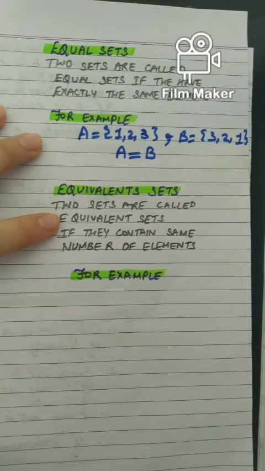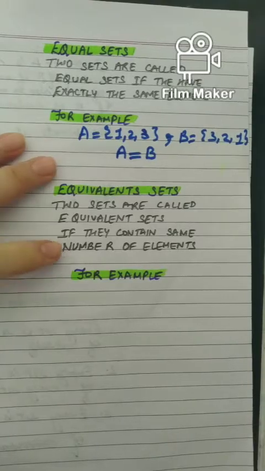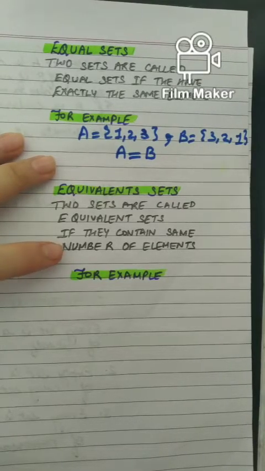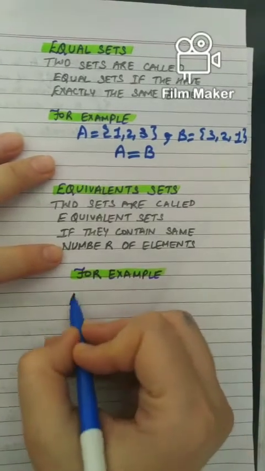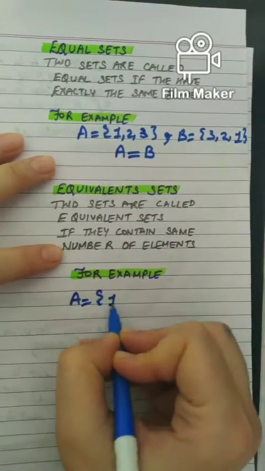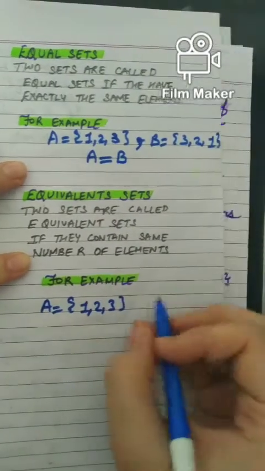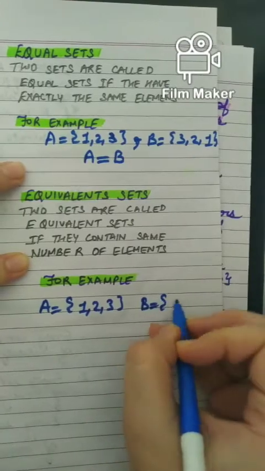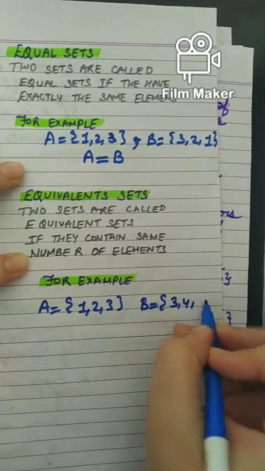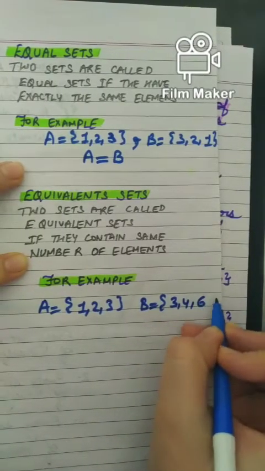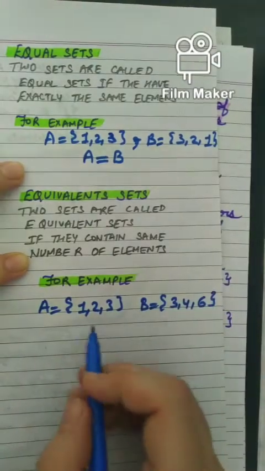Two sets are called equivalent sets if they contain the same number of elements. Same number of elements means they have the same cardinality. For example, A is equal to {1, 2, 3} and I have a set B that is equal to {3, 4, 6}. Beta, in this we have 3 elements.